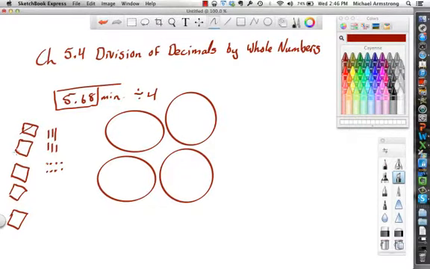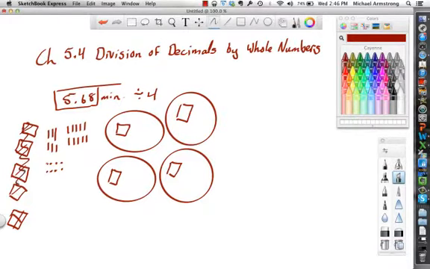If we take 1, 2, 3, 4, and we put 1 whole in each, that's 4, and we had 5, so we have to break the last one up into 10 tenths.